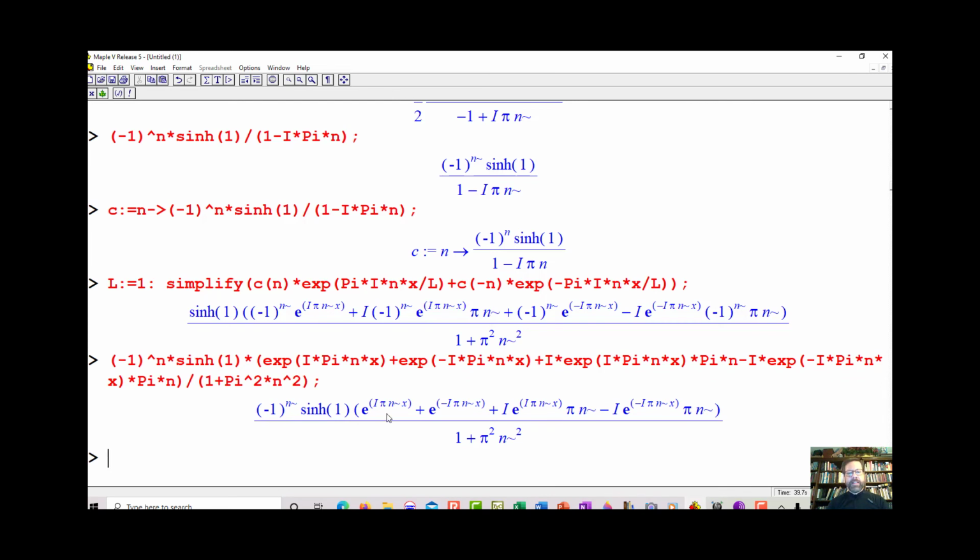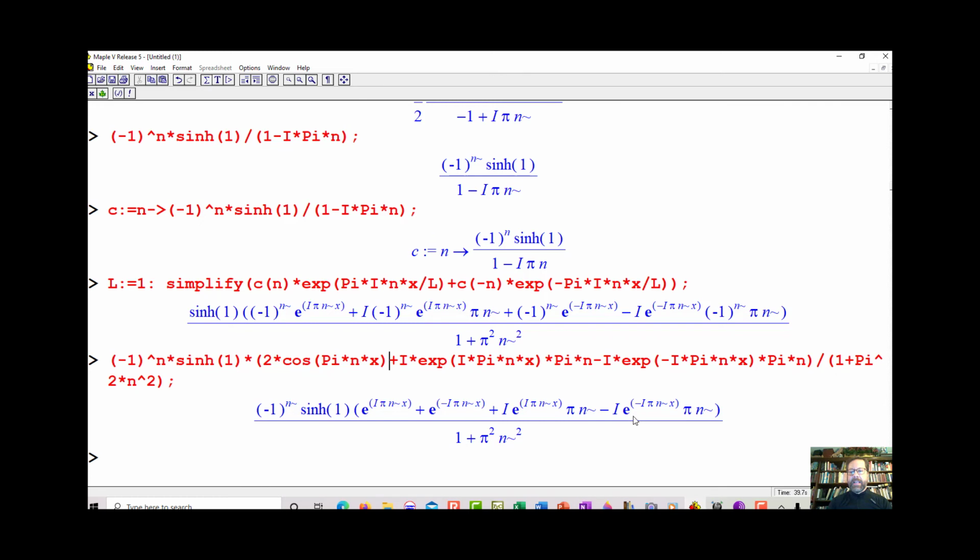Now you can see that e to the pi I nx plus e to the minus pi I nx is twice the cosine of pi nx by the Euler identity. So it's going to be 2 times the cosine of pi nx. And we can eliminate this other term.